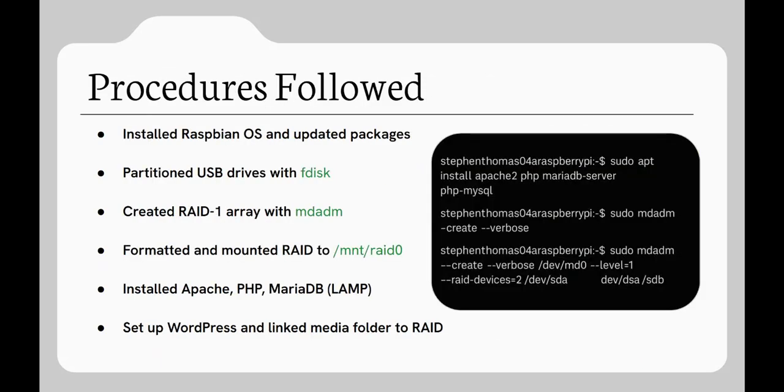Now, the procedure I followed was how I built everything from the ground up. I started with a clean install of Raspberry Pi OS and ran a full system update. Using fdisk, I partitioned two identical USB flash drives, and it's important that both drives be the same size and block format for RAID 1 to work correctly.